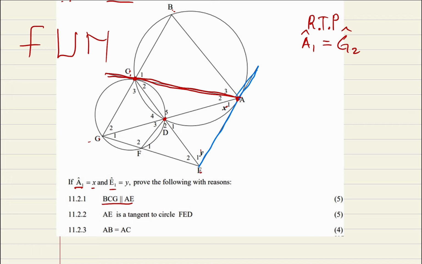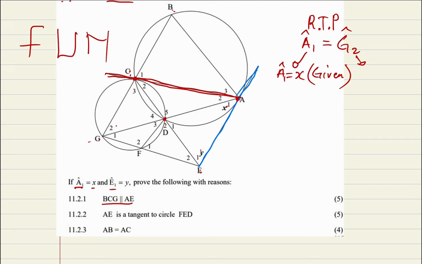Angle A1 is equal to X, and this was given. Then I check for G2. What can I say about G2?